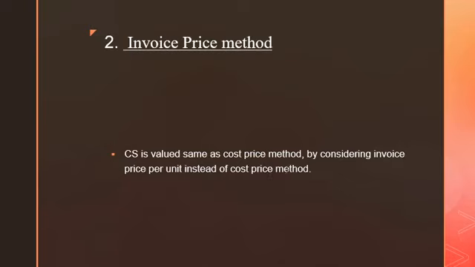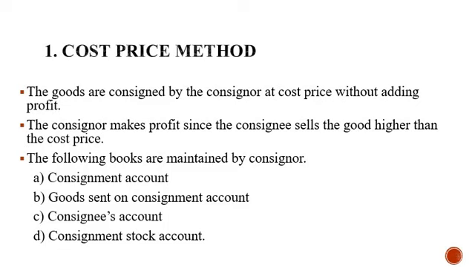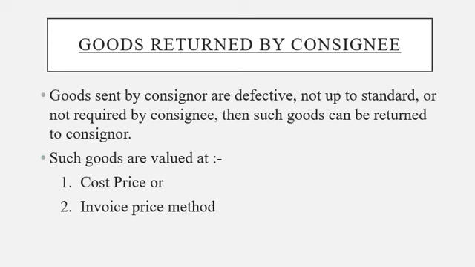Instead of cost price method, you should write cost price per unit. Now we are done with the valuation of consignment stock. We are done with both the methods, that is cost price as well as invoice price. This is what we studied in case of consignment stock.